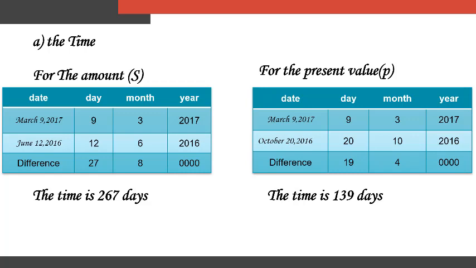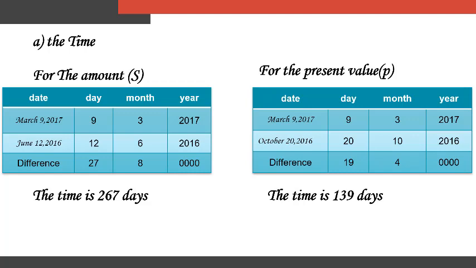June 12: day 12, month number 6, and the year 2016. We will start by subtracting days. 9 minus 12 gets a negative difference.